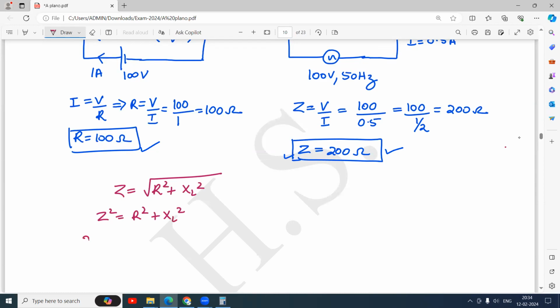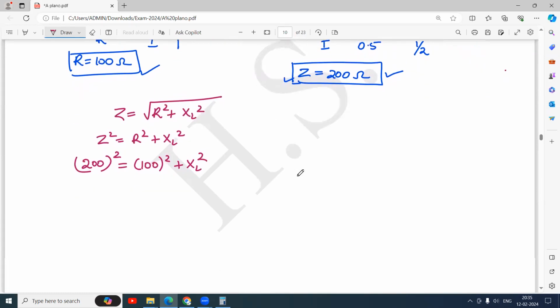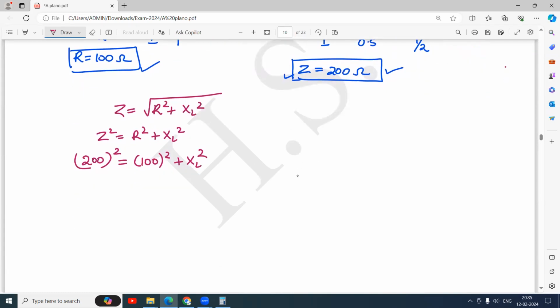So 200 square equals 100 square plus XL square. 200 square is 40,000, and 40,000 minus 10,000 is 30,000. So XL square is 30,000.